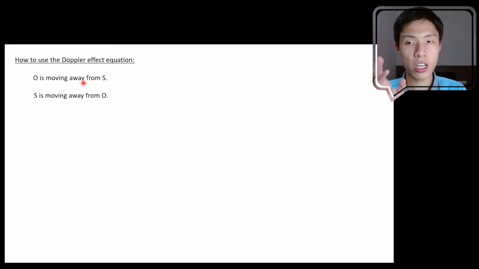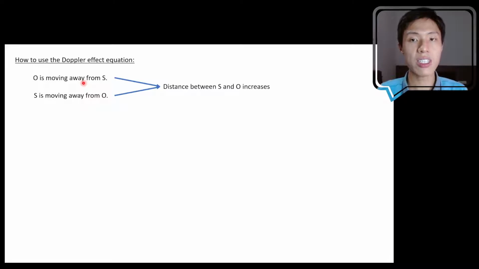So when you see the sound source and the observer getting further and further apart, you know that the apparent frequency observed by the listener will be less than the actual frequency of the sound wave produced by the sound source.